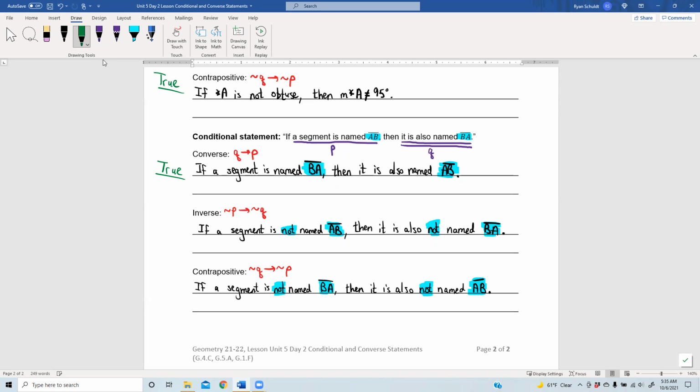That would be true. If you cannot call a segment AB, then you can't do BA, or else AB would work, like we said on the converse. If a segment is not named BA, then it's also not named AB. That one's true for the same reason. So all of these are true for this one.